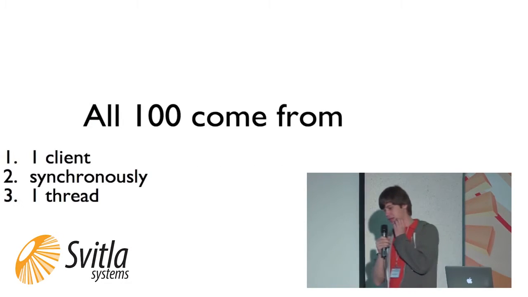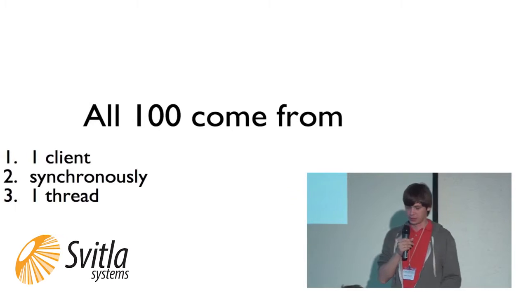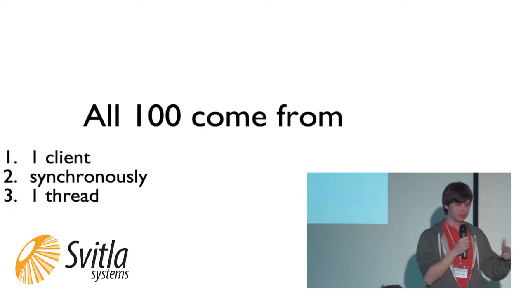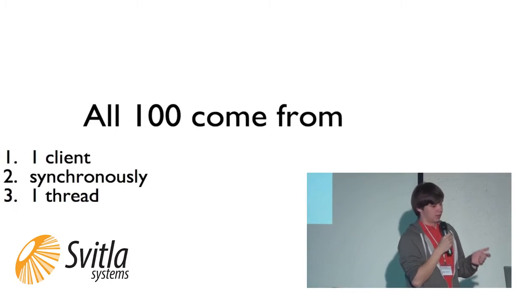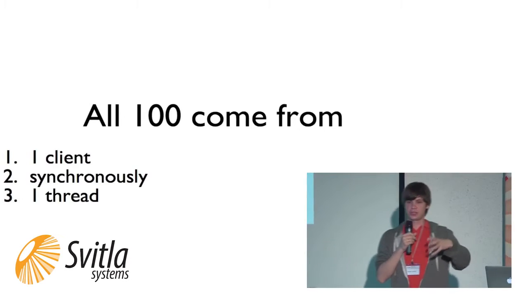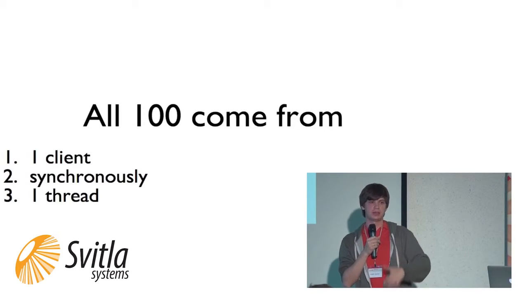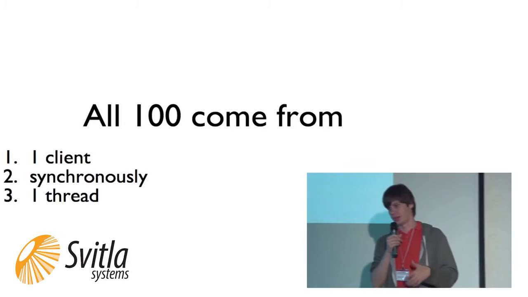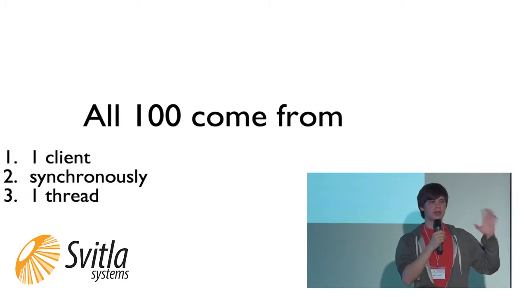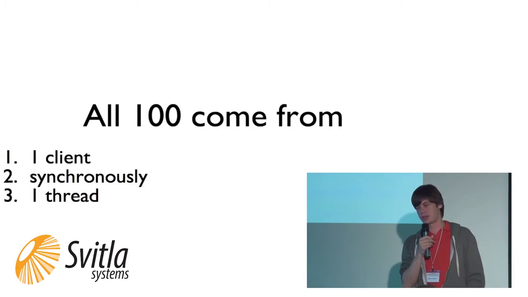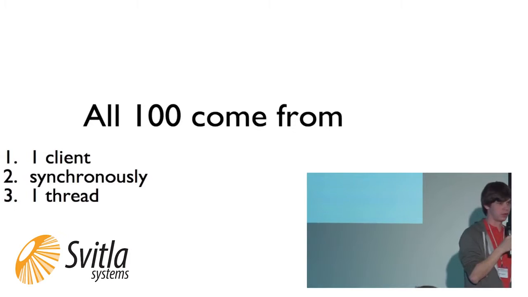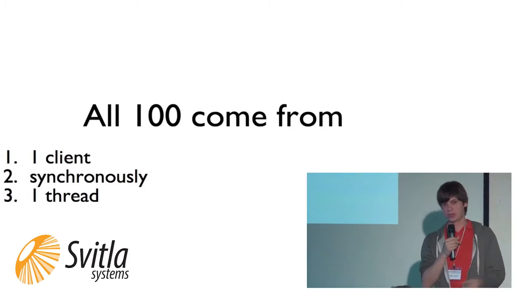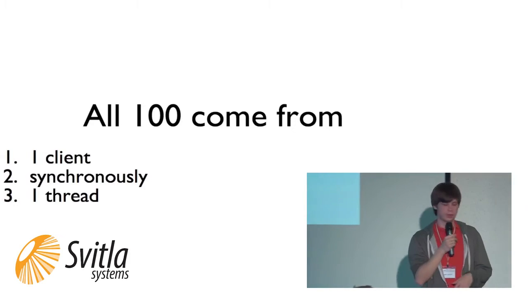The problem is that we had one big client who was sending all these objects synchronously in one thread and without any parallelism. So it's not like you can run 100 unicorns and get one object in each unicorn super fast. No, it's coming just request by request. That's the problem.